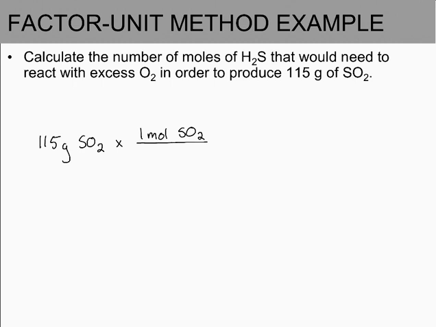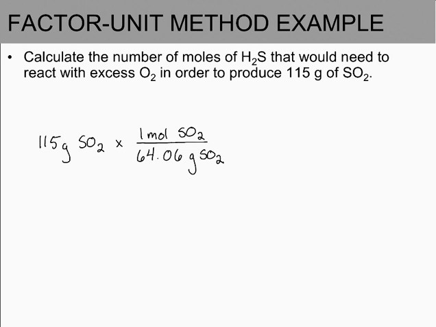Otherwise, it can get a little confusing sometimes. And then in the denominator, we're going to put the mass for 1 mole of SO2, which we calculated, and that was 64.06 grams. And again, I'm just going to write SO2 next to that so it's a little bit easier to follow.